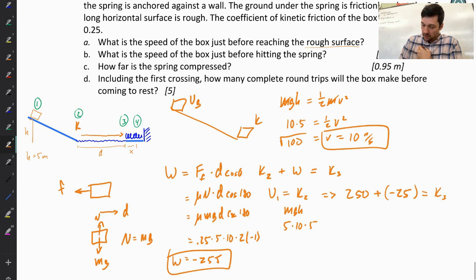So 250 minus 25, well, that's 225 joules of kinetic energy is equal to 1/2 mv squared at location 3.